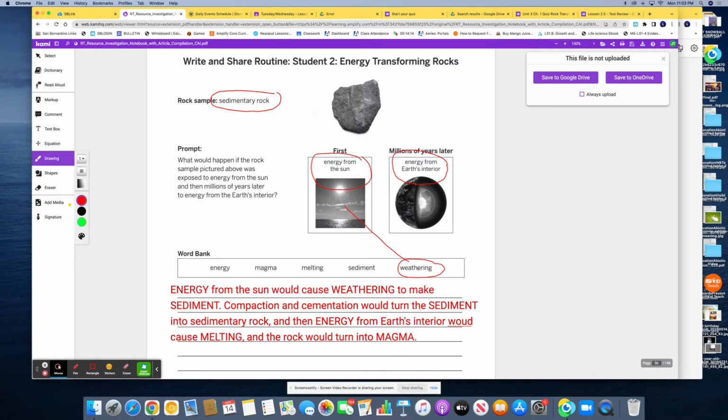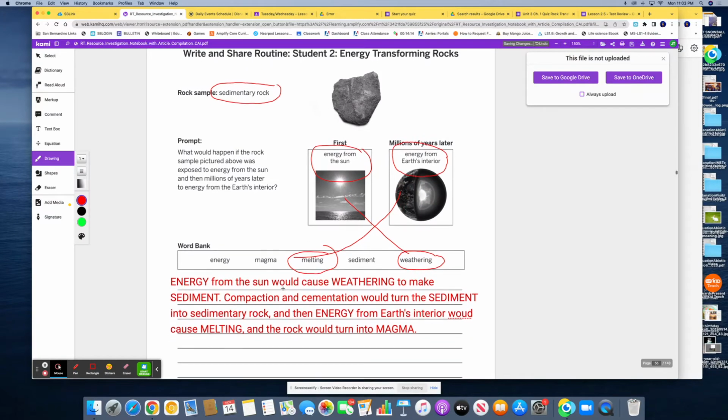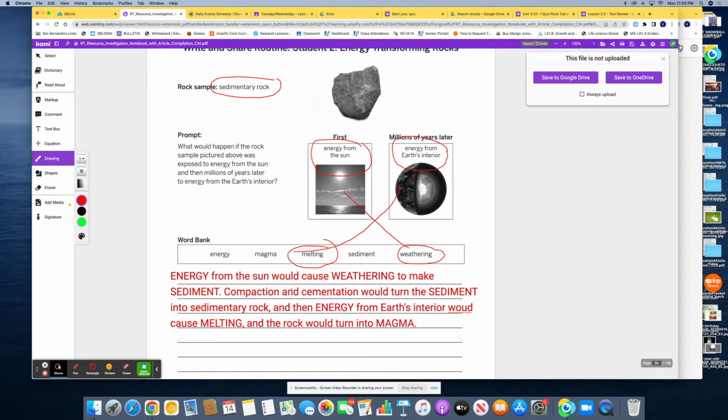Which is a breaking down of rocks into smaller pieces. And energy from Earth's interior causes melting. So, energy from the sun would cause weathering to make sediment. Compaction and cementation would turn the sediment into sedimentary rock. And then energy from Earth's interior, I spelled that wrong.